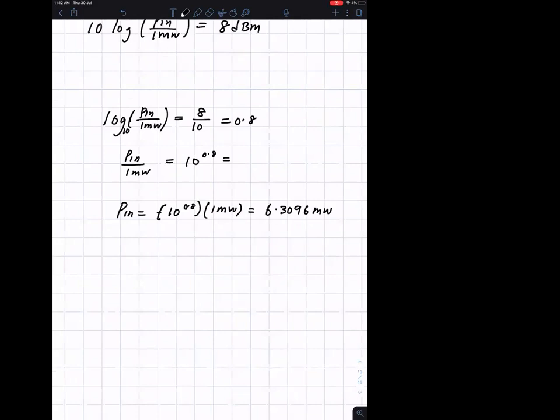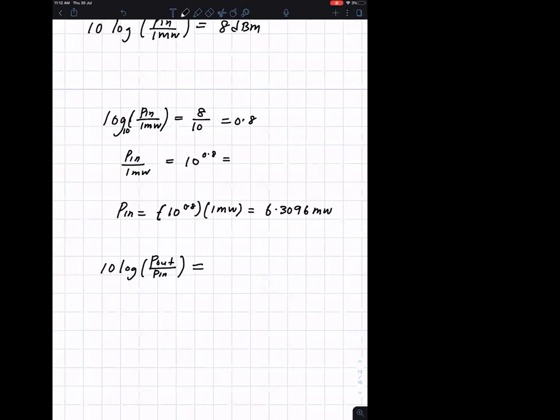Okay, I'm converting the given information in dBm to milliwatts. So next, I'm going to find out the P out. So the formula is 10 log P out over P in. Okay, this is a different formula. This is taking a ratio of two powers, output divided by input.